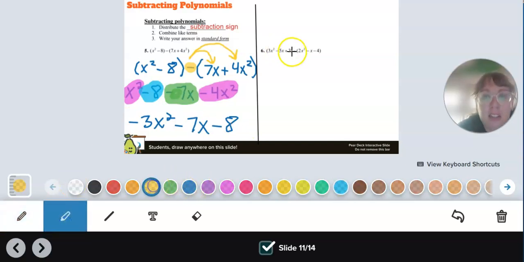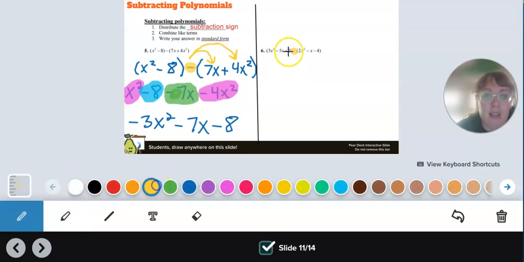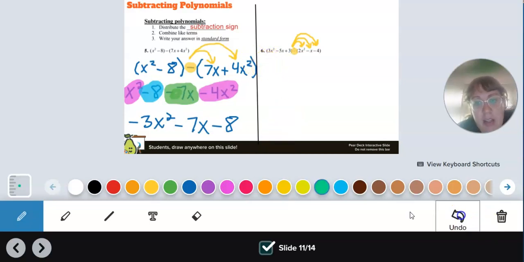So looking at that subtraction sign, we need to, again, subtract 2x squared, subtract a -x, subtract a -4. And when we distribute that subtraction sign, all of the signs in the second parentheses change. So the first parentheses, like we said, stays the same. So we have 3x squared minus 5x plus 3.